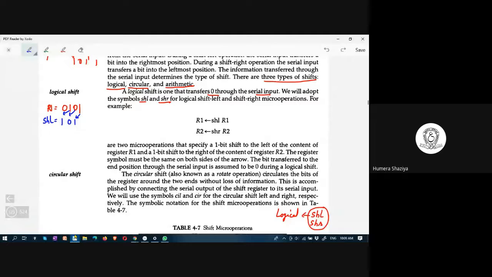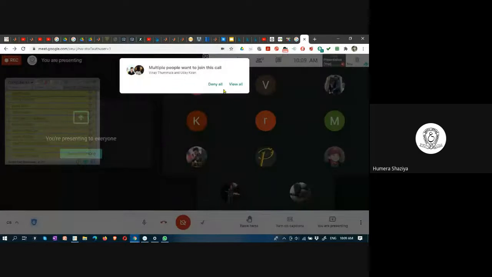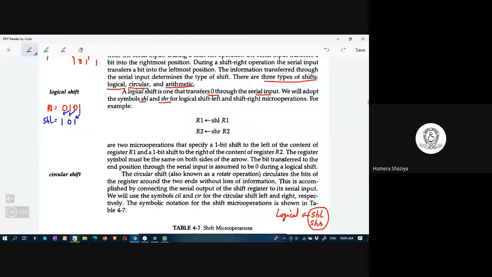This is shifted out, and then you have to transfer. So what is happening here? This 0 is sent out, and you have to transfer 0.